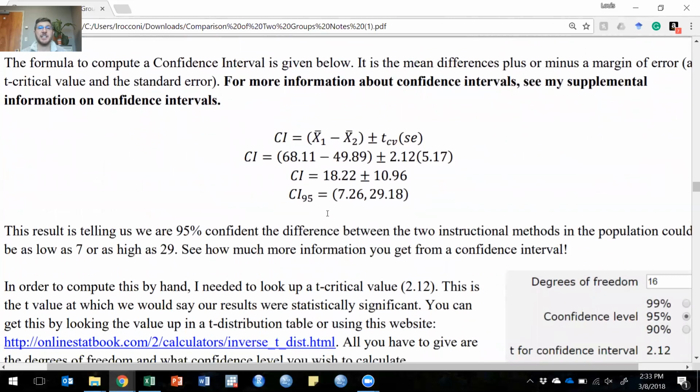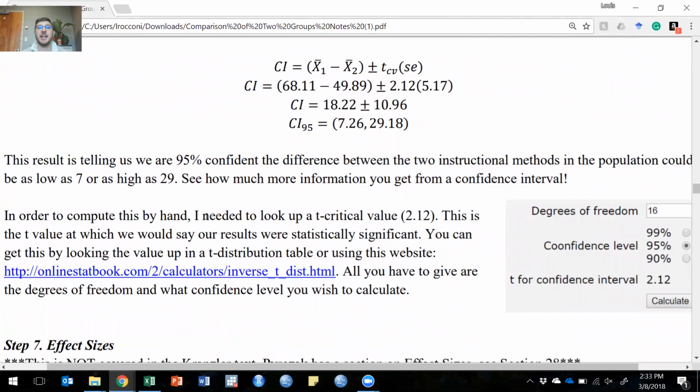This confidence interval is telling us we're 95% confident that the difference between the two instructional methods in the population could be as low as a 7-point difference, or as high as a 29-point difference. Remember, we're interested in estimating what the population parameter might be. The confidence interval gives us our best estimate of that.